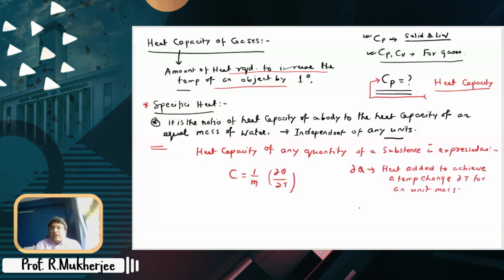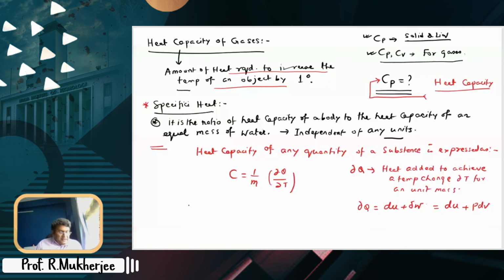Now what we know? We now know dQ is equal to dU plus dW, right? And for a system which can only perform, there is no electrical work, this gets converted to PdV. The dW is PdV, we all know that.